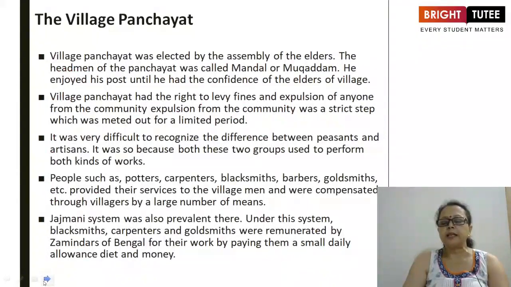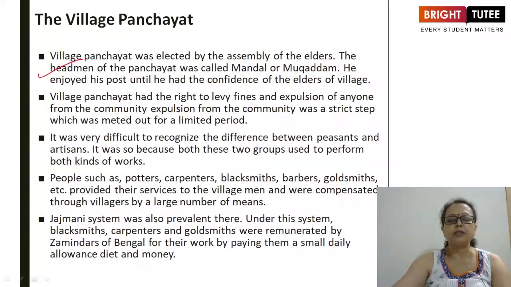Next is about the village panchayat. The village panchayat was elected by the assembly of the elders. The headman of the panchayat was called Mandal or Muqaddam. He enjoyed his post until he had the confidence of the elders of the village. This panchayat is constituted with the consent of the elder members of the village.